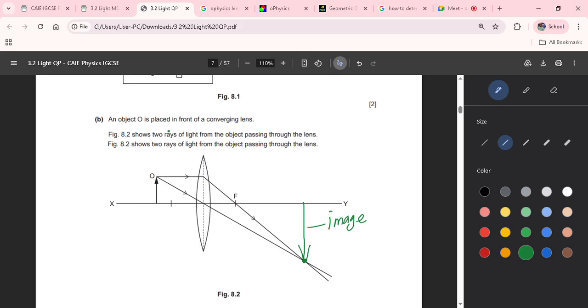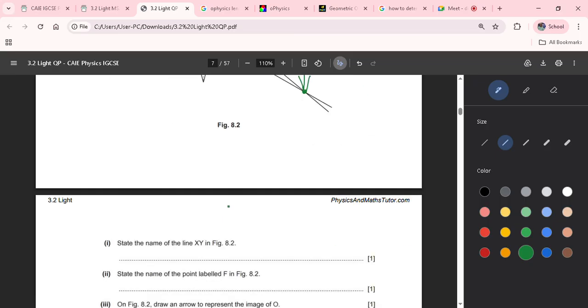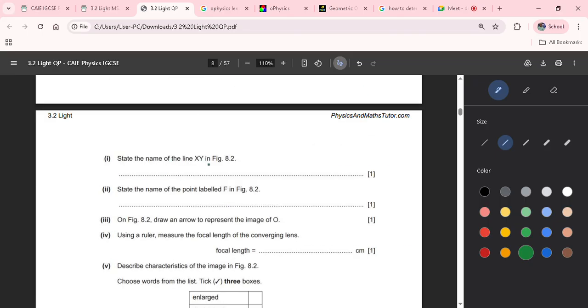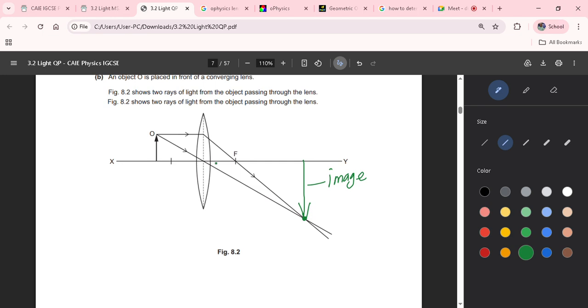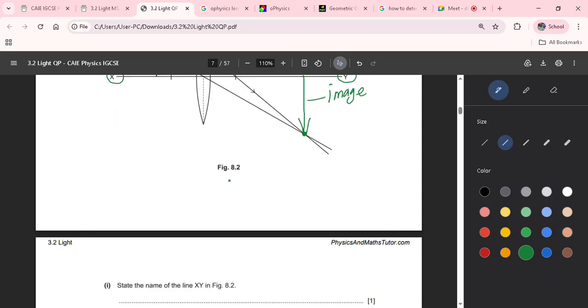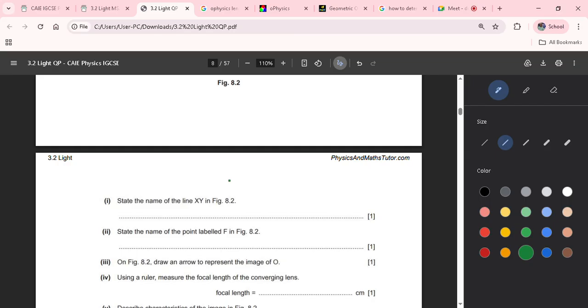And then what's the question? State the name of the line XY in figure 8.2. What is the name of the line XY? This X, this Y. What do we call it? We call it principal axis.